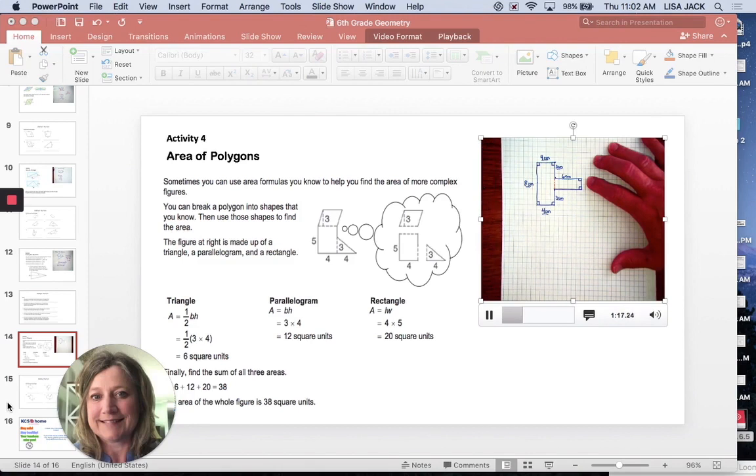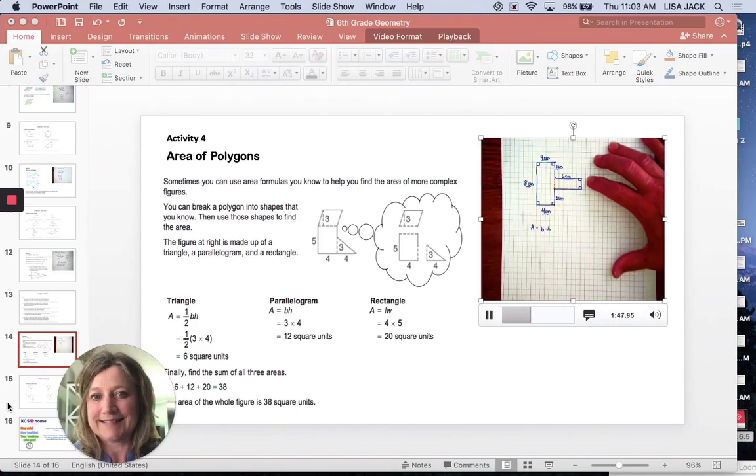So what I did was I cut this, or I decomposed this figure into 2 figures. So now I have this large rectangle, I have this small rectangle. So let's talk about how we can find the area of this total figure. I now have 2 rectangles, so I know that the area of a rectangle equals the base times the height.